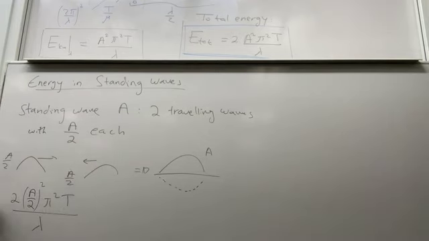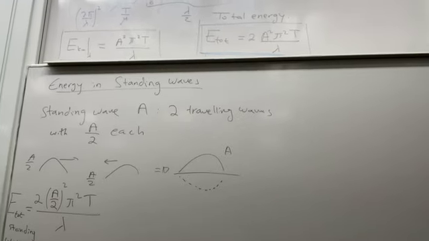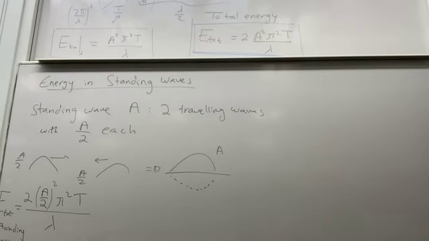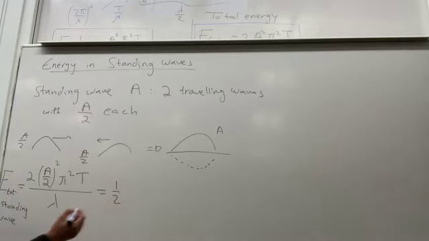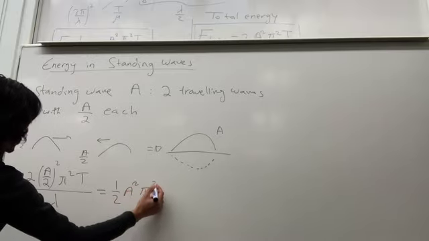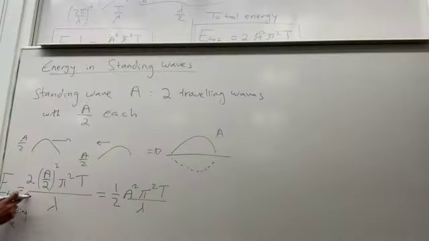So the total energy for a standing wave would be twice the energy of one of these traveling waves. We have a 4 here and we have a 2 here, so what we get is half A squared pi squared t. This is the energy.